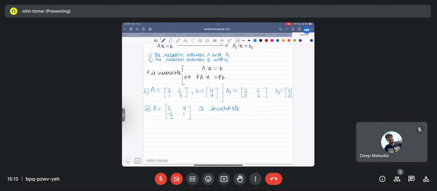Invertible. Yes. Now tell me what will be PA. P is 1, 0, minus half, 1, and your A is 2, 1, 2, 3. So can you quickly tell me what will be the final answer?